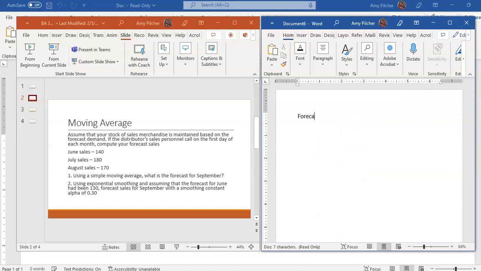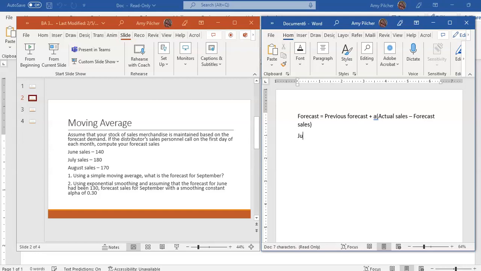So the forecast equals the previous forecast plus our smoothing constant alpha times actual sales minus forecast sales. Okay, so we have to look at each month.